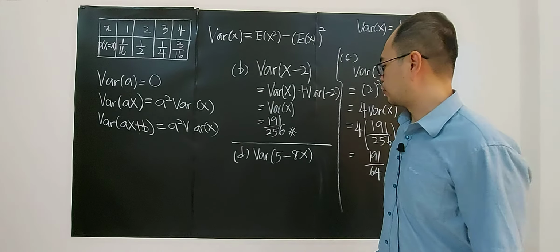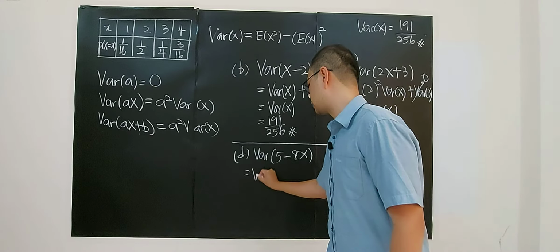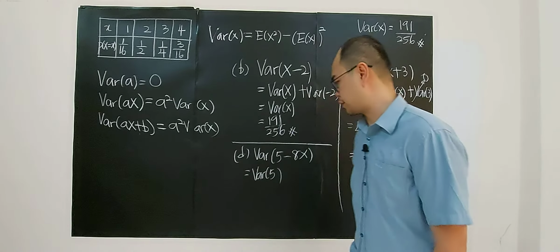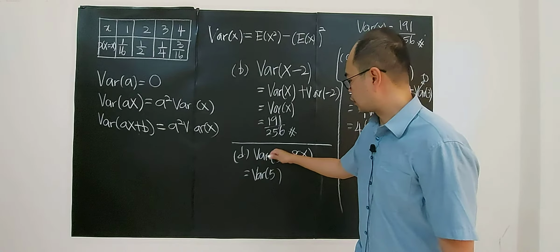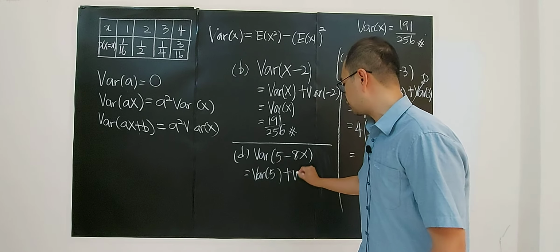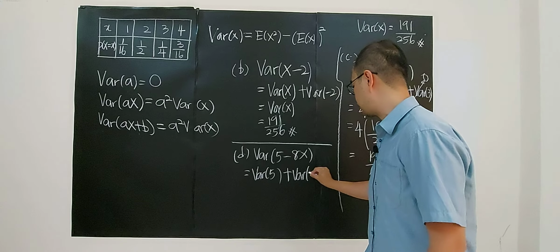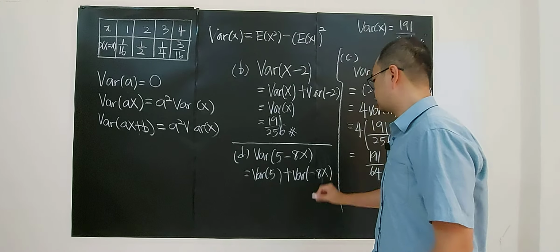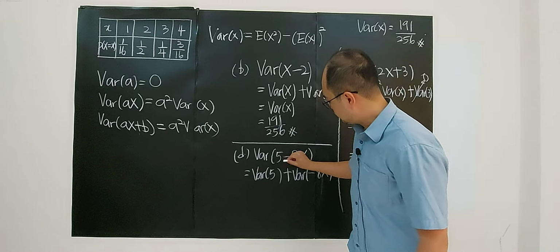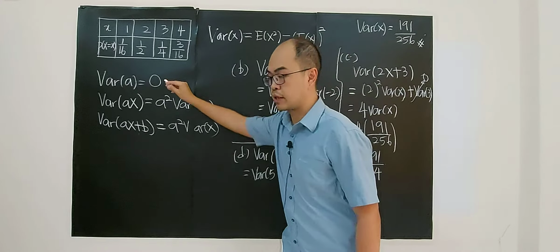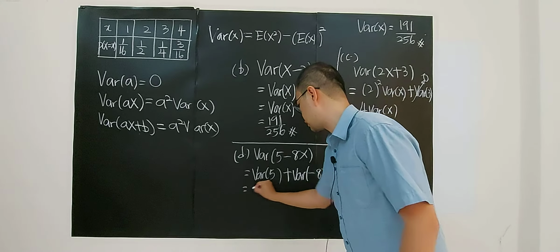The variance of 5 minus 8x is the same as the variance of 5, the variance of a constant, plus the variance of negative 8x. The variance of a constant is 0.